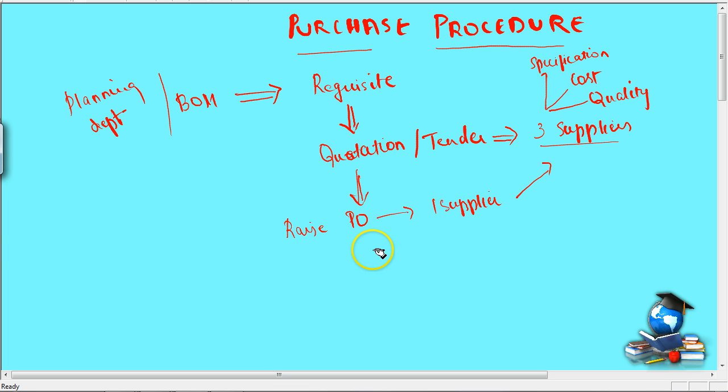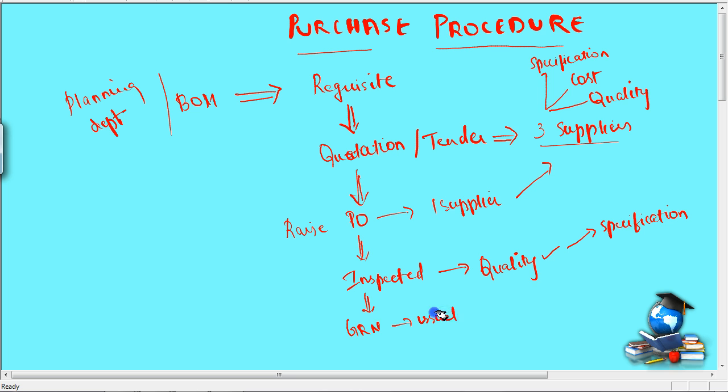Once the purchase order is raised and goods are received, then they have to be inspected. Why do you want inspection? I have already told you that inspection is important from the angle of quality, whether the correct quality standards are met and the specifications are right. Once they are inspected and all the checks and balances are met, a goods received note will be issued.